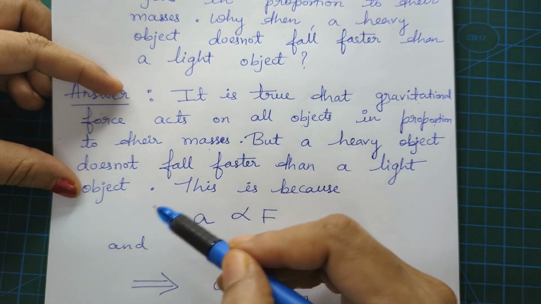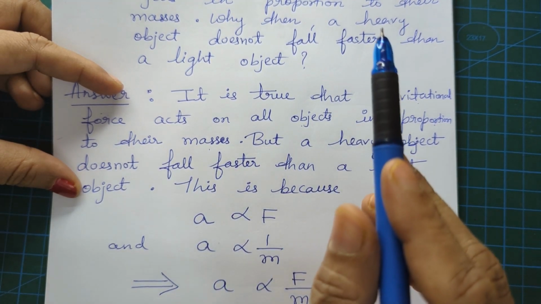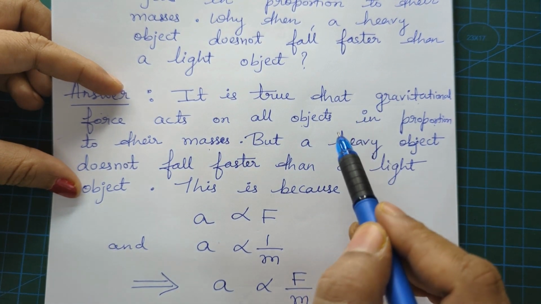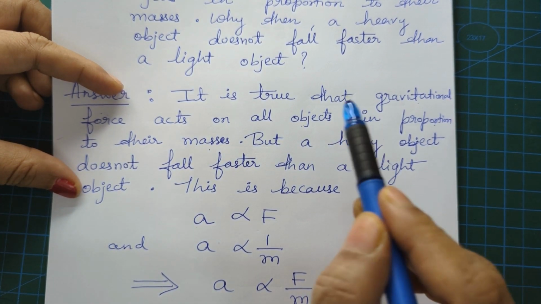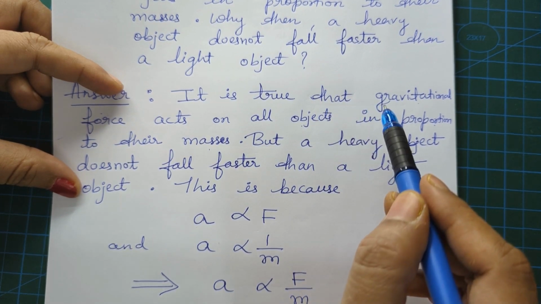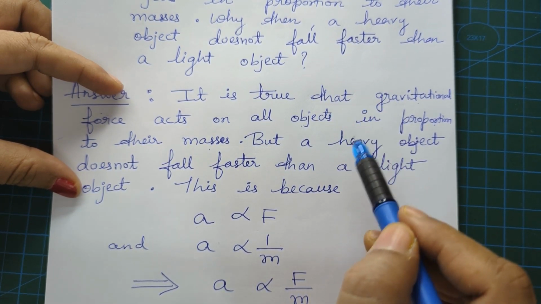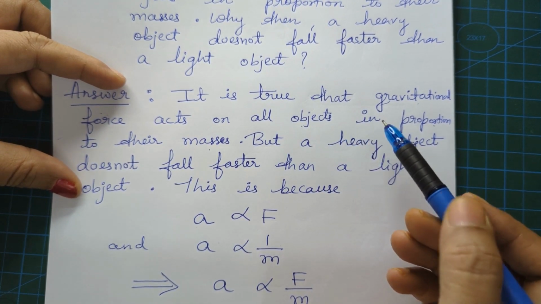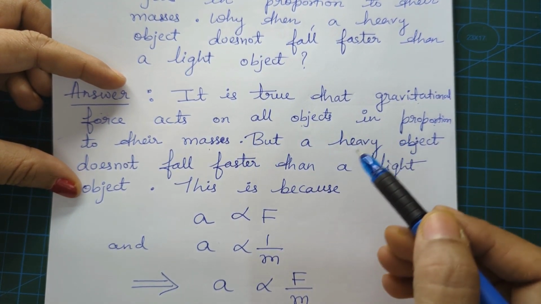Reason: in the theory part I have discussed that they are accelerated with the same acceleration due to gravity, and the acceleration produced in the falling bodies is independent of the mass of the falling bodies. It depends upon G M by r square: the universal gravitation constant, the mass of the planet and the radius of the planet.